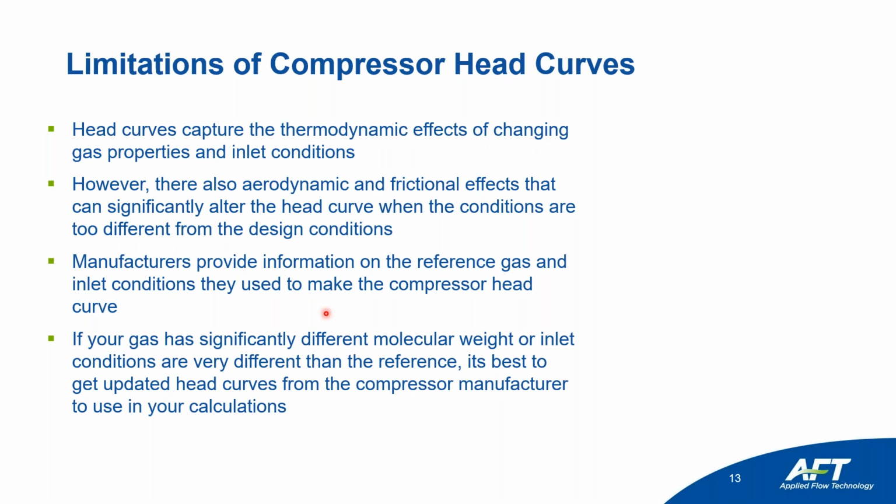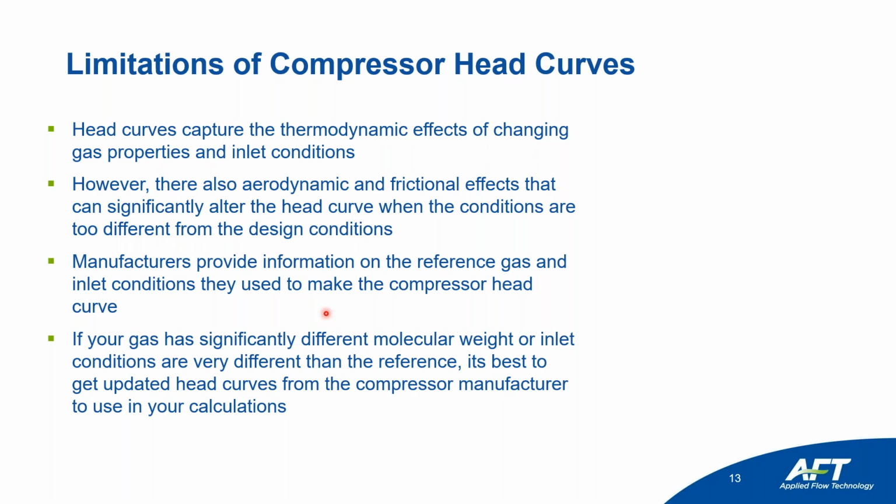Now, this is something that has a lot of complexity, and it's best to just talk to your compressor manufacturer, make sure that your compressor is designed for multiple operating conditions of your piping system, and they'll pick the best fit for you and pick curves that help you do calculations that relate to the actual inlet conditions and actual conditions you're seeing. But just keep in mind that that variation still exists.